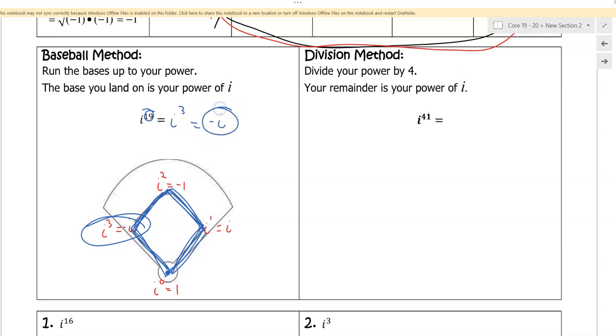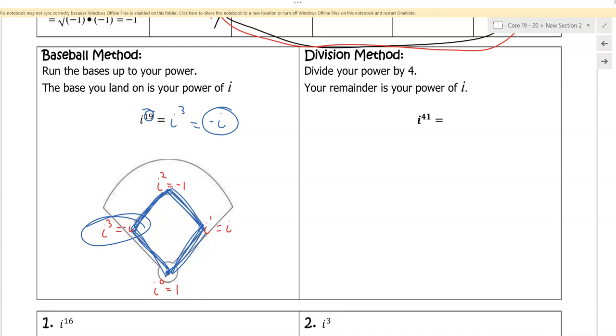And that's our answer. Okay, so that's one method, and it's easier for smaller numbers, right? If I only have like i to the 7th, it's not that hard to run around 7 times. As your numbers get bigger, 41, that's still probably doable, but if I gave you a power of like i to the 4,237th, you wouldn't want to run around bases 4,237 times.